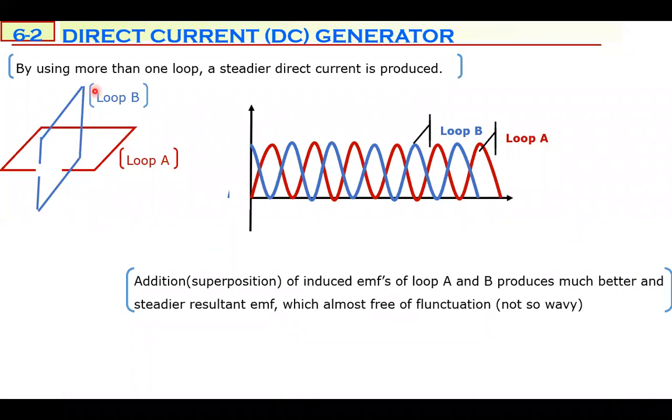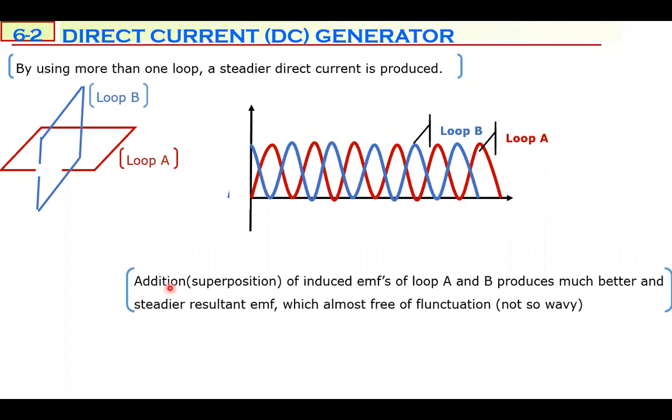When loop A is horizontal, it gets maximum EMF, so loop B has 0 EMF. Then as it rotates, loop B becomes maximum and loop A becomes 0. So when one of them is maximum, the other one is 0. By this way, it is possible to get a much steadier EMF, a steadier direct current, with less fluctuation, less wavy.